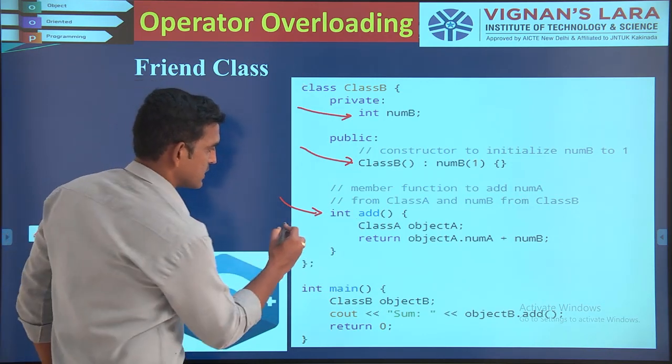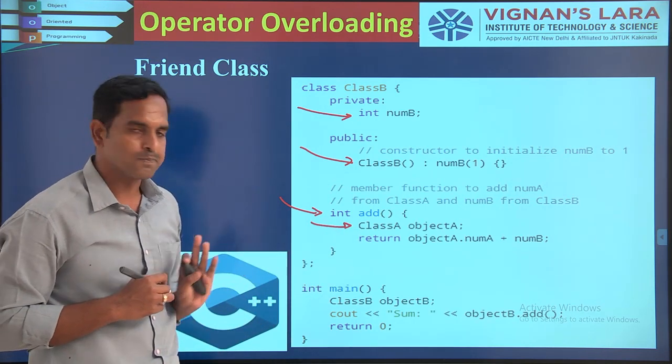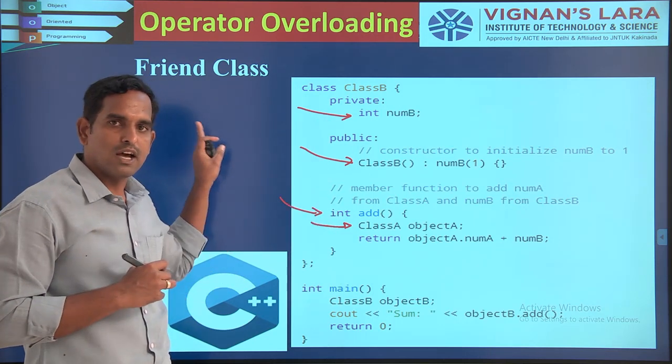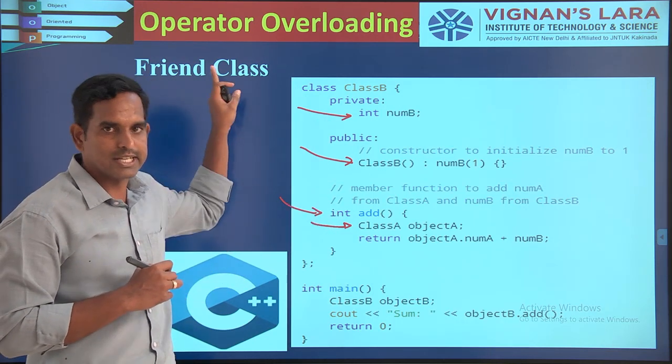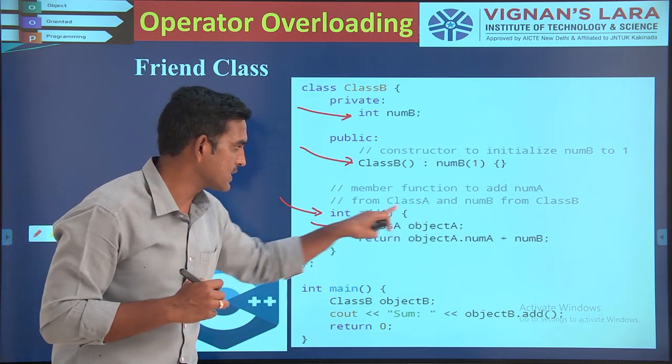What does this member function do? First, it is declaring one object of class A. Since class B is a friend of class A, it can use all the properties of class A. That is why it can declare its own object.